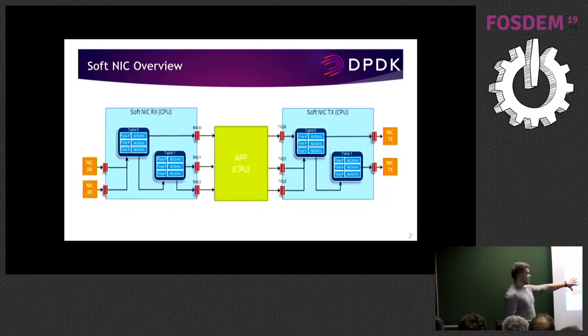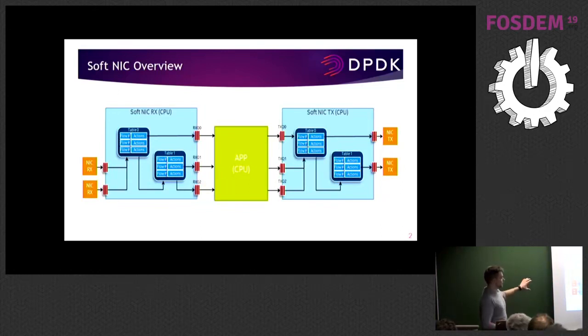Between the hardware queues and the application, we can have multiple pipelines to augment the features. So you could have whatever features you want. You could have routing, flow classification, anything like that. You can have any number of them either side, chain them together to make things as complex or easy as you like. And each SoftNIC component has three main parts, being tables, actions, and ports.